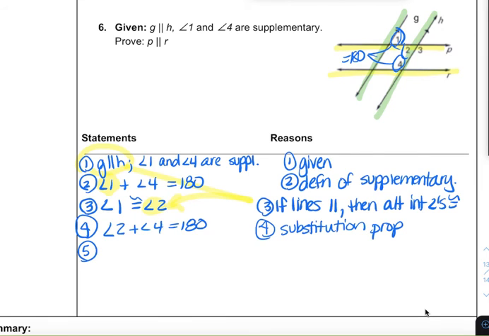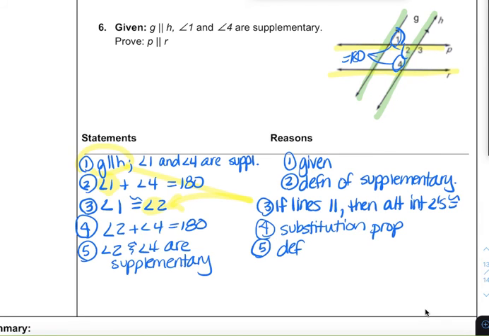Now, this step would be the step that you would miss. Angle 2 and angle 4 are supplementary. If you were writing this out on a test, this would be the one that you would tend to miss because you wouldn't think about having to say this. I went from saying they were supplementary to saying that they equaled 180 because I can do all my work with equations.